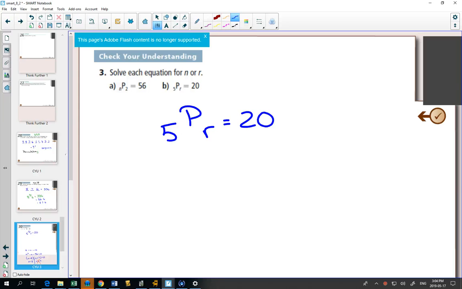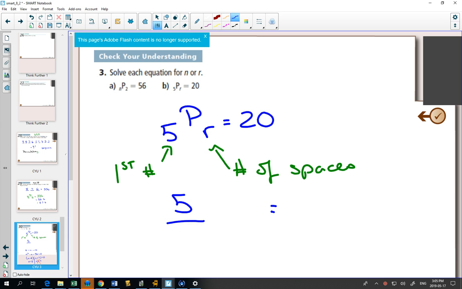Remember when I made the connection that the permutations formula, that this second number represented the number of spaces. So if we're starting, and this was the first number. So if I had one space, is that equal to 20?